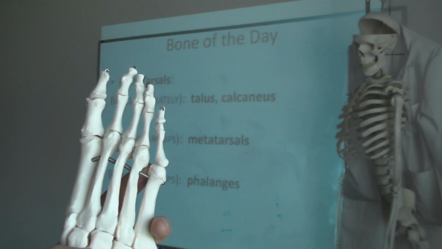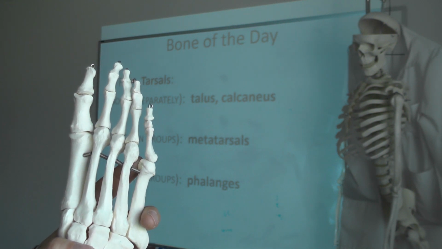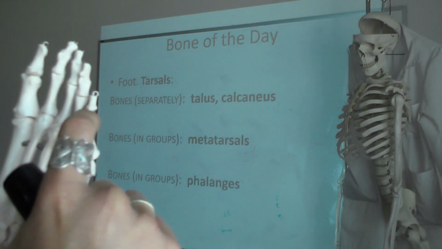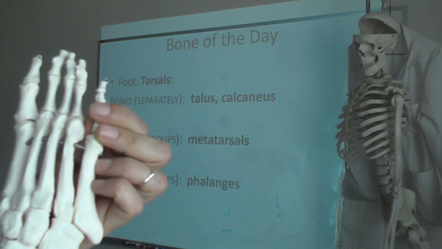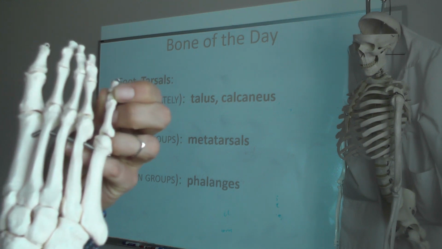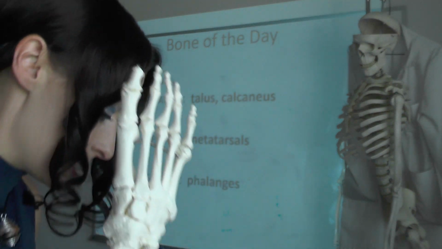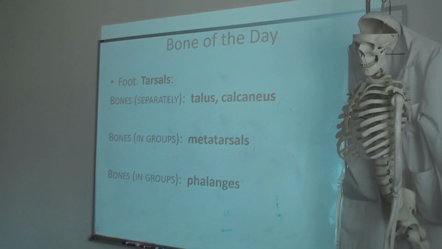Although I did have one student who brought me an x-ray of her foot one day, and she was missing her little middle phalanx on her smallest digit, on digit 5. And so this is kind of the thing that's interesting. There's variability in number of bones in people in just a couple places.